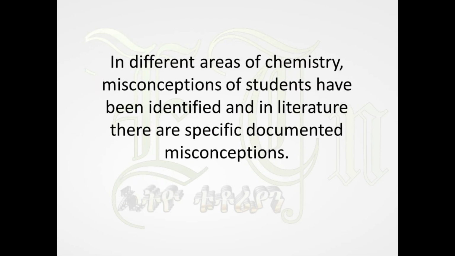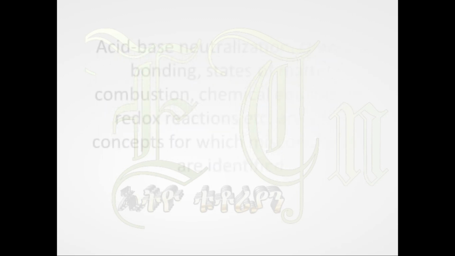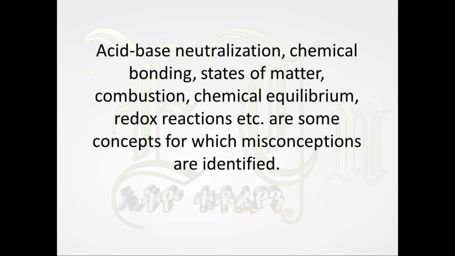In different areas of chemistry, misconceptions of students have been identified, and in literature there are specific documented misconceptions. Acid-base neutralization, chemical bonding, states of matter, combustion, chemical equilibrium, redox reactions, etc. are some concepts for which misconceptions are identified.